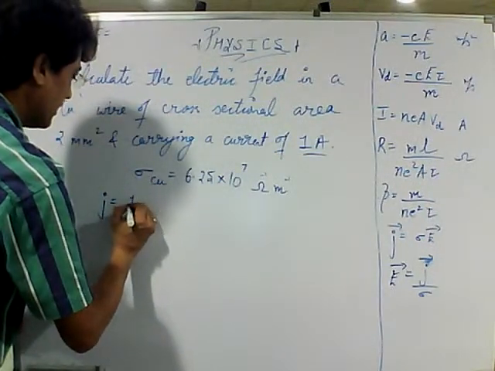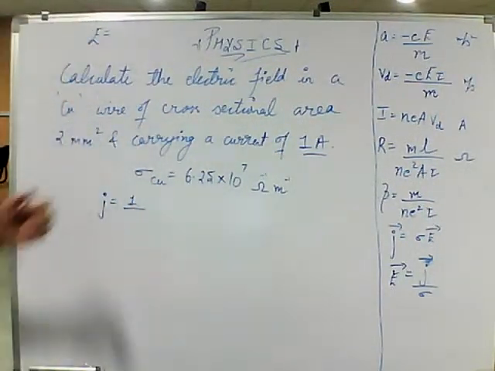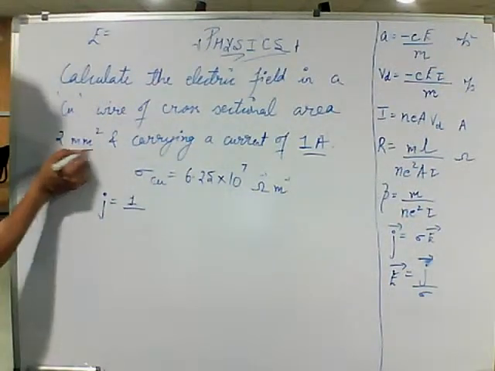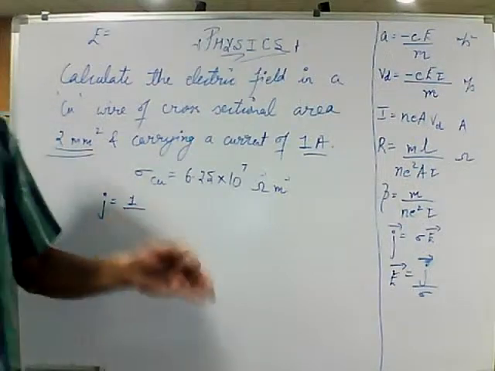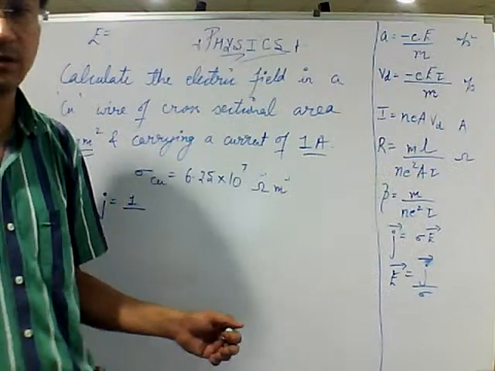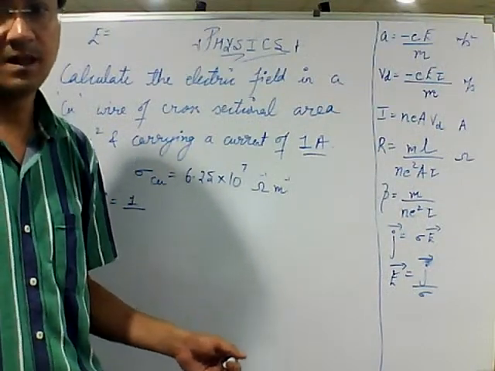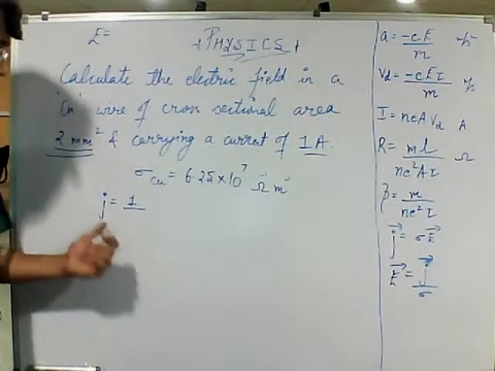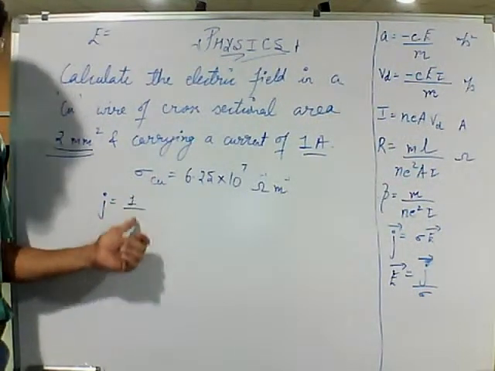I is 1 ampere. Area is 2 millimeter square. Please check this one. Sakshi beta, it should be 0.008 approximately. Maybe some calculation mistake. J is current, that is 1 ampere divided by area.